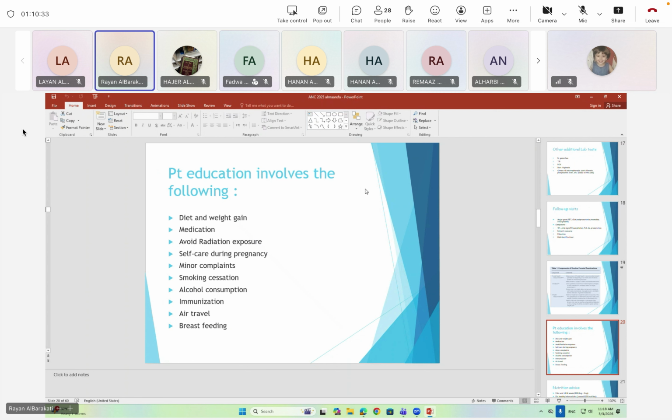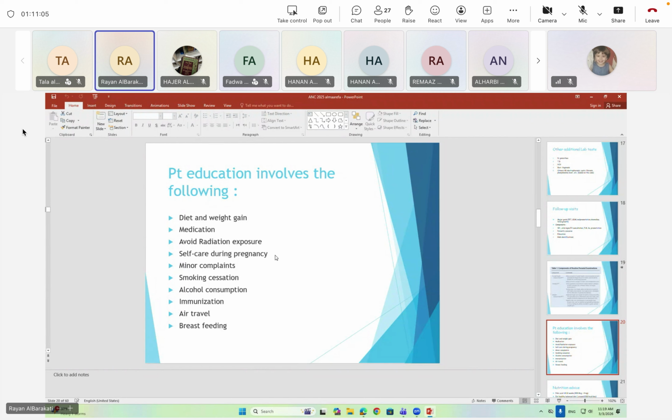Patient education involves the following. You will always talk to the patient, especially early on, or if you find an abnormal weight gain, about diet and weight gain. You will talk about medication and supplements like vitamins. You will ensure that they avoid radiation and how to deal with it if they need an X-ray for the teeth or chest or other radiation exposure.